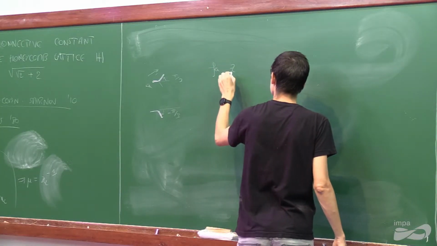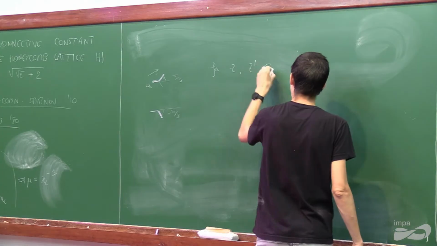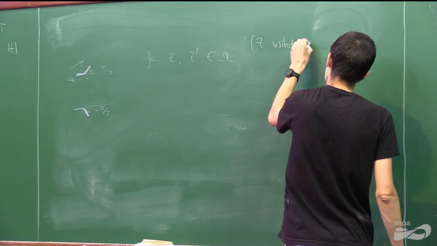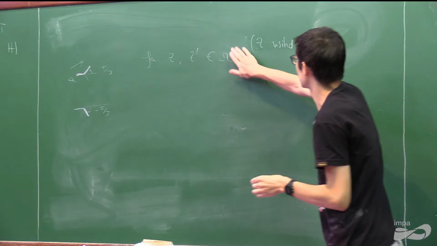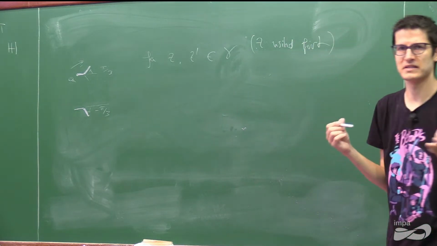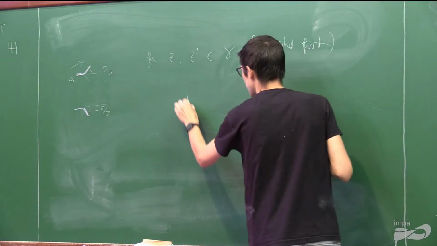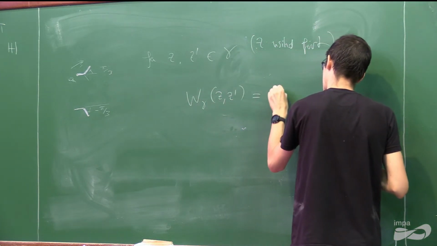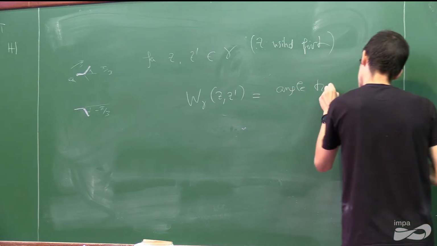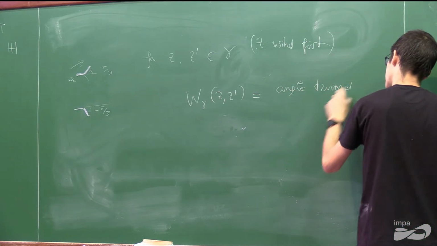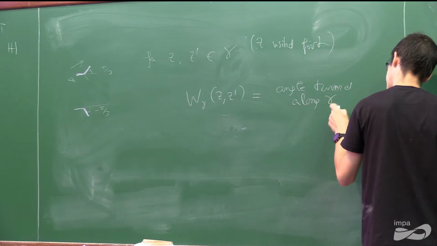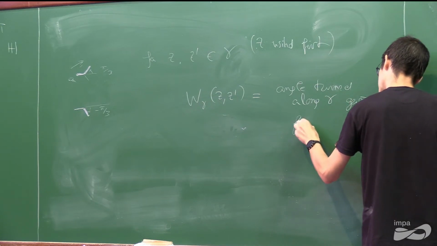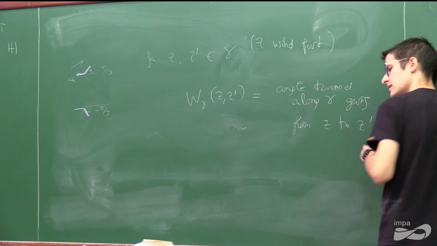Okay, so for Z and Z prime on omega, Z visited first. If I take 2 points that are visited by a path gamma, I just defined this thing as the angle turned along gamma going from z to z prime.